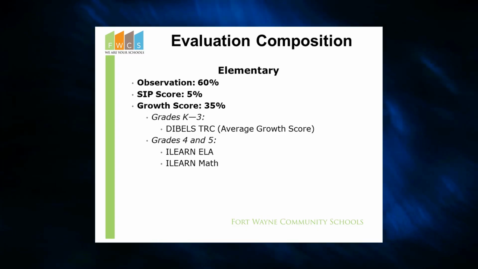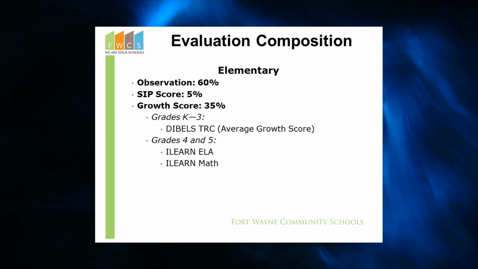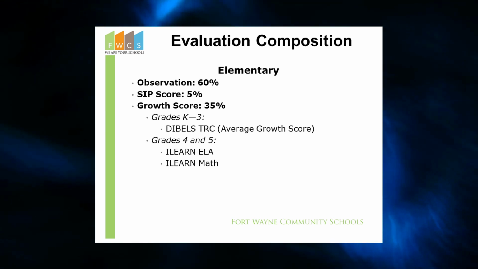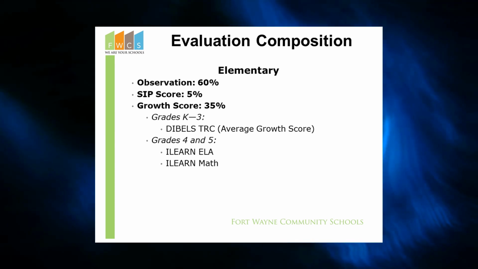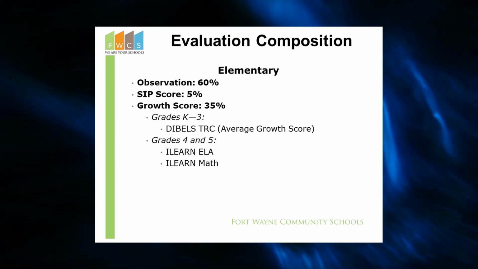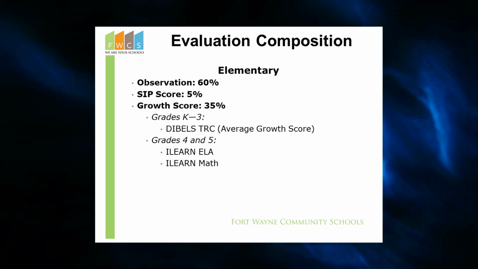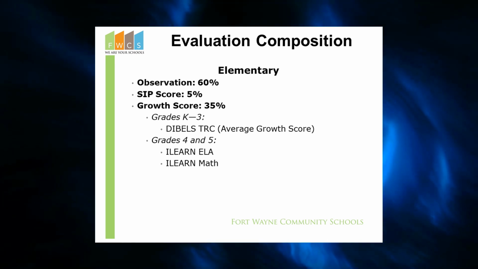The components of the evaluation are as follows. The summative rating for elementary educators will be 60% observation, 5% SIP performance, and 35% student growth. Student growth scores will be calculated using DIBELS TRC for grades K through 3 and ILEARN for 4th and 5th grades.